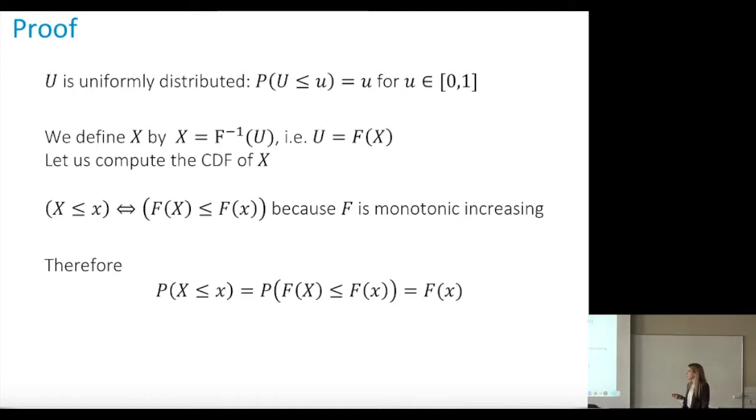So in order to compute the probability of x less or equal than x small, we apply f inside, and since f of x is equal to u, we apply the relation above, and instead of u small we have f of x small. And this is equal to f of x small. Okay? So we have proven that CDF inversion gives a sample of x that follows the distribution f. Any questions on that?